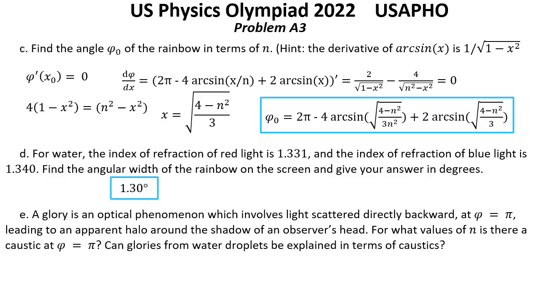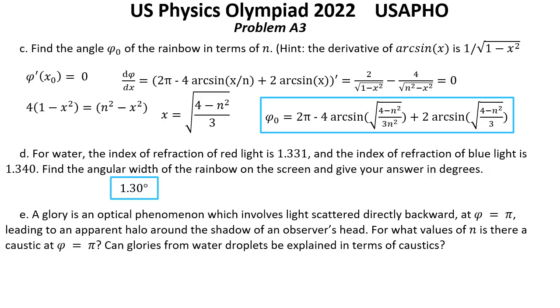Therefore, we will have a caustic at phi equal to pi as long as light can be reflected backwards at all. It means whenever there is a solution for phi of x equal to 0, because at this angle all the outgoing light is directed at a single point on the screen.